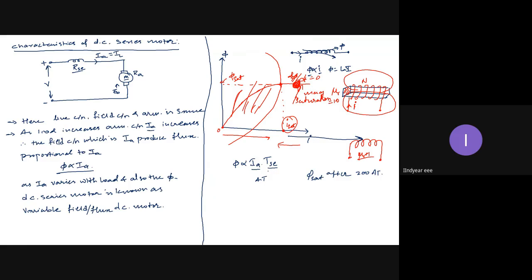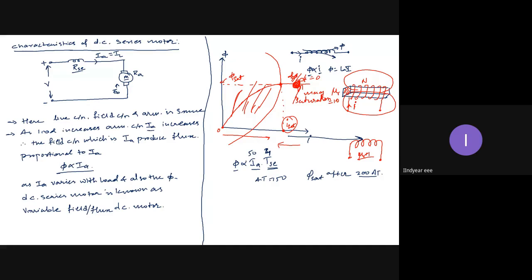At the max I can keep 3 turns, so that my ampere turns will be 150, that is 50 amperes into 3 turns. Or if I want to go up to the saturating point, I can keep 4 turns per pole. I am talking about per pole. With 50 into 4, that is 200 ampere turns, it is satisfied. After 200 ampere turns, it will be saturated. So this is how the number of turns in the series motor is decided.